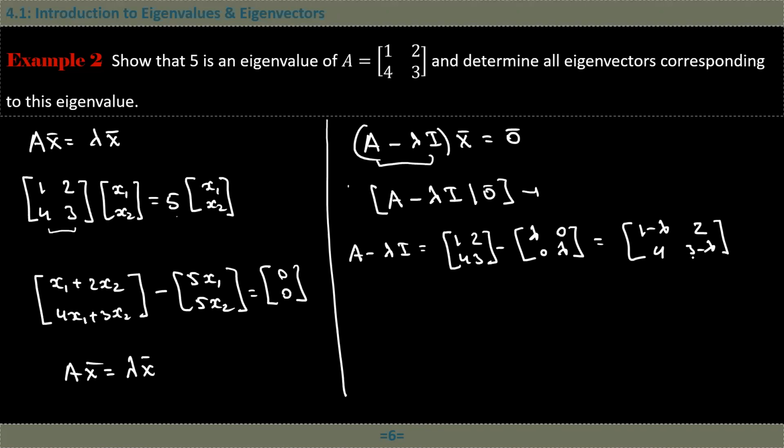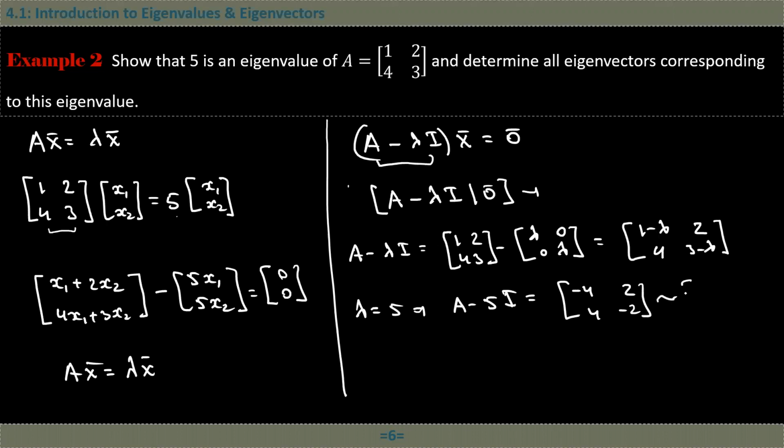So now if you just reduce this to reduced row echelon form, we need to find, what is it? We know lambda, right? Since lambda is equal to 5, then A minus 5 times I is equal to 1 minus 5, which is minus 4, 2, here we have 4, and here is 3 minus 5, minus 2.